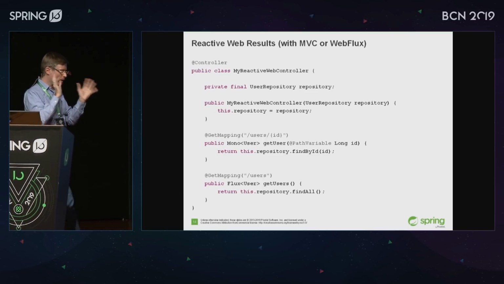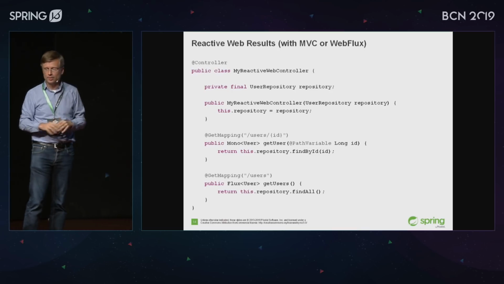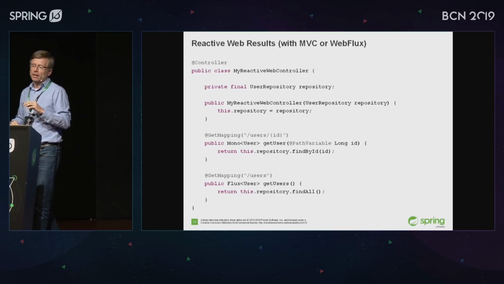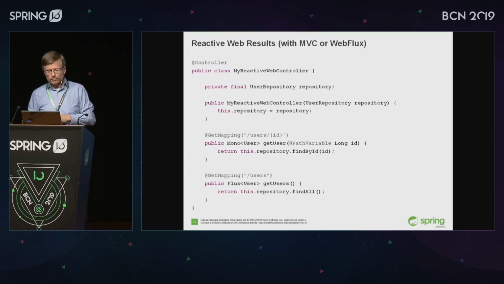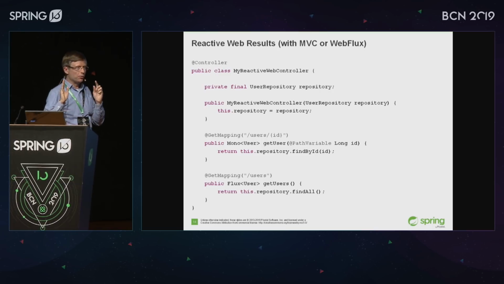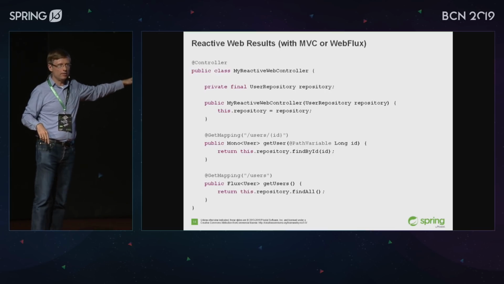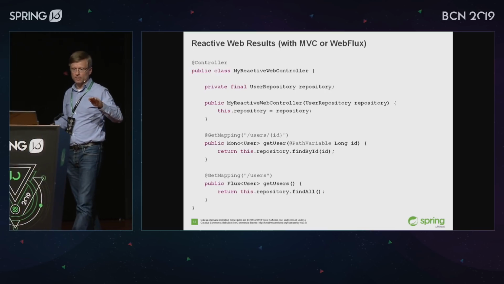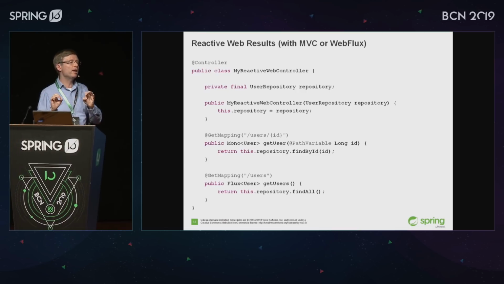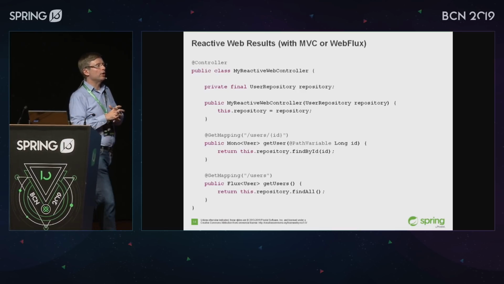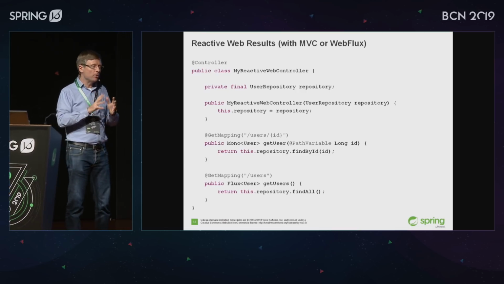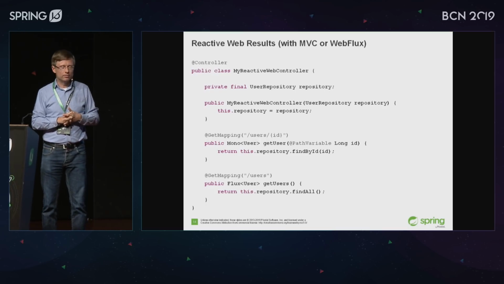So we have two parallel web stacks, one of them traditionally servlet-minded, one WebFlux-oriented, one reactively oriented. The twist here is that reactive signatures like these here, HTTP mapping methods returning a reactive streams Publisher, are actually supported to some degree on Spring MVC as well.